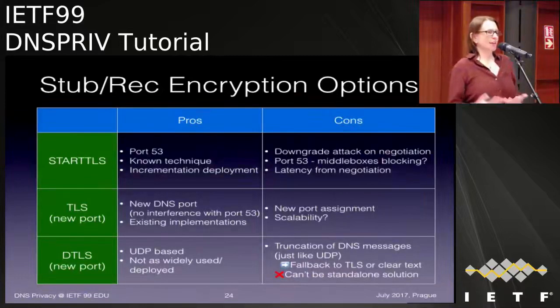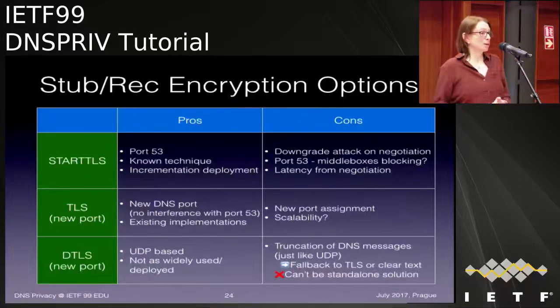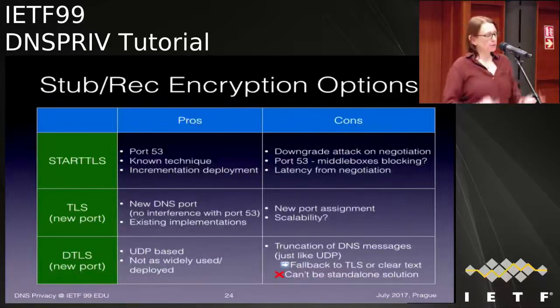And you might think, looking at this, that DTLS is a natural way to go for DNS, given it runs over UDP. But when people started digging into this, a few issues were found with things like fragmentation. Also, one of the key things is that if you try DNS over DTLS, you run into exactly the same problem as over UDP, which is that a big response can't fit in a single message.